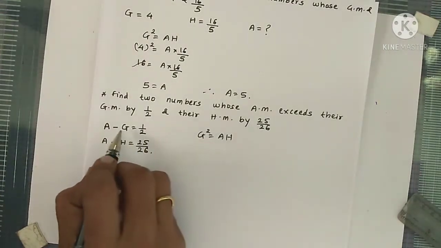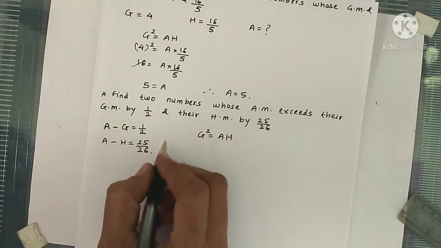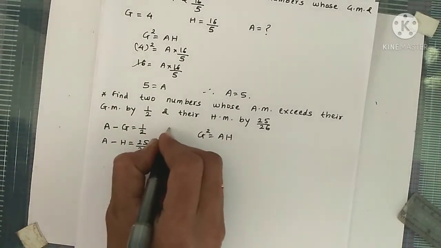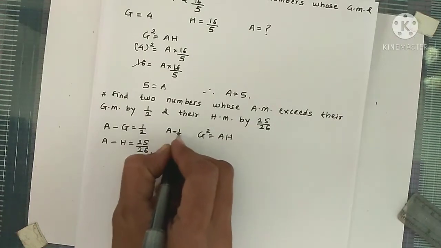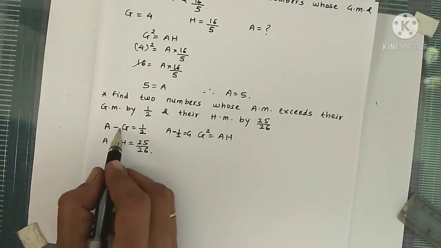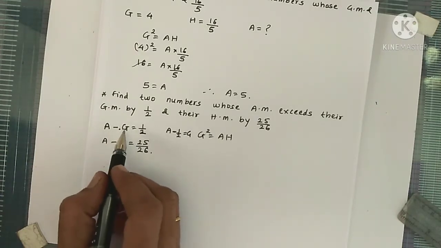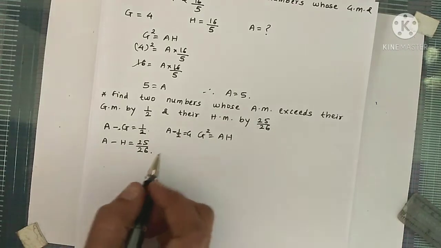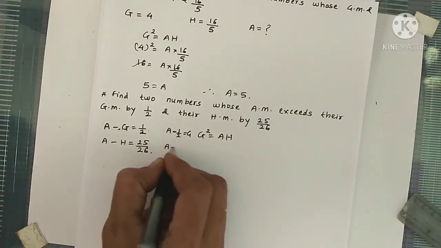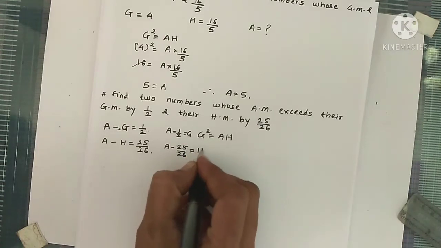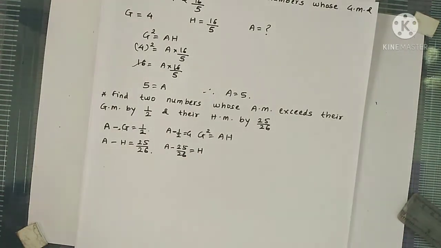So from first equation we can write that A minus 1 by 2 equal to G. So we are interchanging 1 by 2 and G. Let's write this 1 by 2 to the left, it becomes minus 1 by 2, and writing this minus G to right hand side, it will be plus G. Similarly for this equation, A minus 25 by 26 is H. Now why we are doing this?